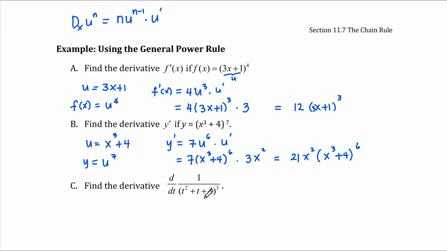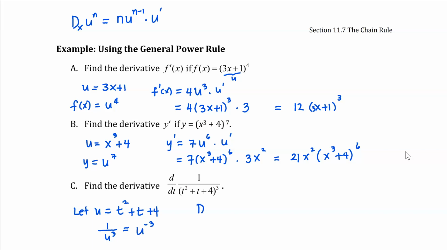So notice if we let u be equal to t squared plus t plus 4, then this expression here will just become 1 over u cubed, which you can write as u to the negative 3.